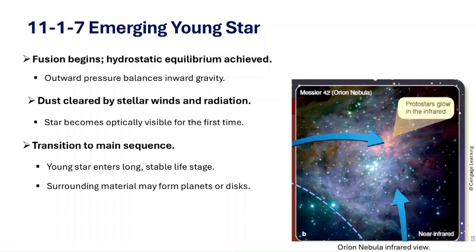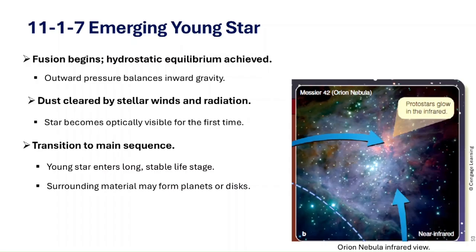Now, here in the Orion Nebula, you can see this transformation in action. Some stars are still glowing only in infrared, hidden inside dust, while others, the young, newly visible ones, shine brightly in optical light after clearing their surroundings.